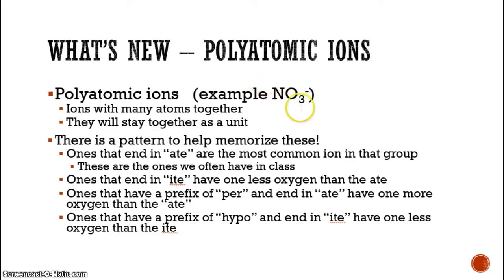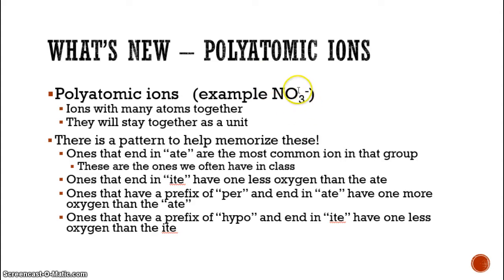But let's just take a look at this so you know what's going on. So the N is the nitrogen, the O is for oxygen, but there's a little subscript 3, and that means there are 3 oxygens. Notice it's a subscript, so it is not a charge. It tells me there are 3 atoms of oxygen bonded together with 1 atom of nitrogen.